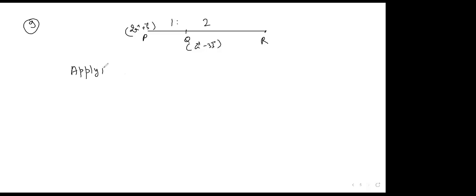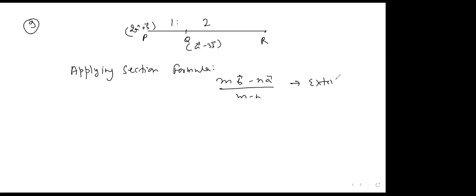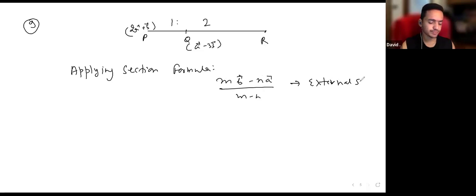Applying the section formula: m b vector minus n a vector upon m minus n for external section. Here we are dealing with external section only.